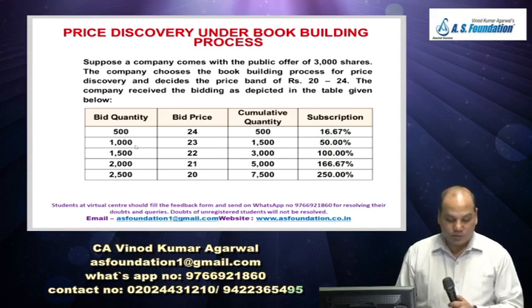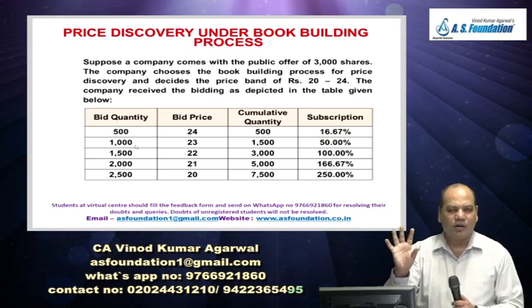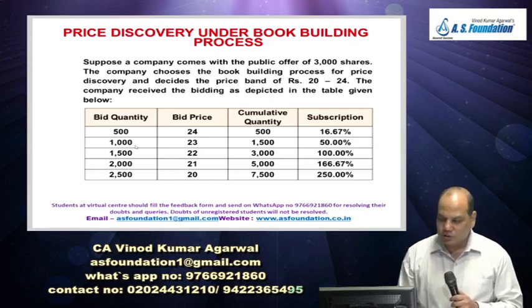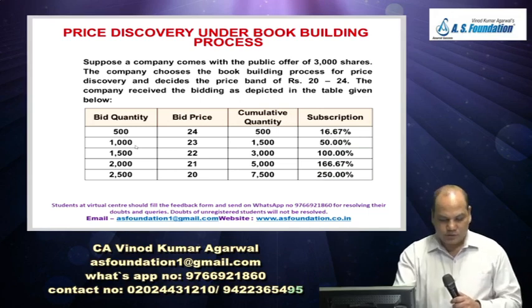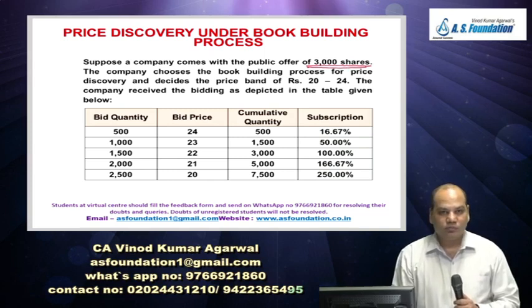Now there is one small wonderful example which will give you a general idea, a rough idea, of how the allotment is done and how the cutoff price is decided in the case of the book building route. This example is printed in your notes, taken from ICAI study material only. Suppose a company comes with a public offer of 3000 shares. How many shares does it want to issue? 3000.